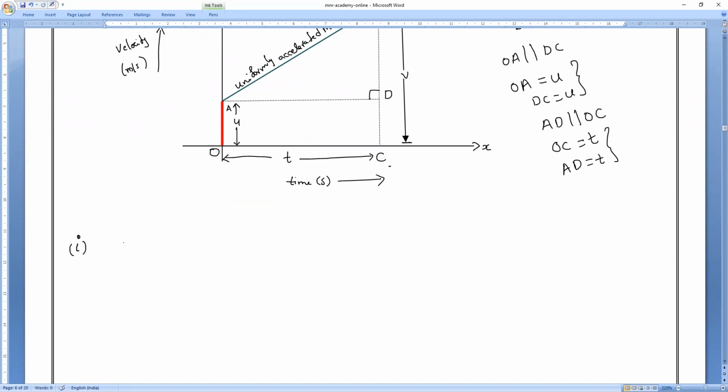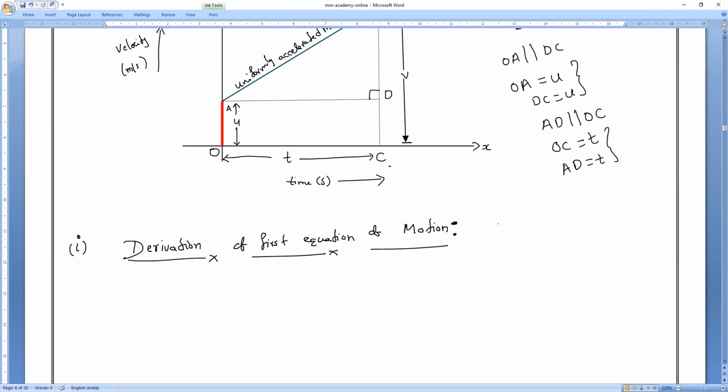Everybody observe very carefully. Deriving the first equation of motion, or you can write derivation of the first equation of motion. Very simple, guys.